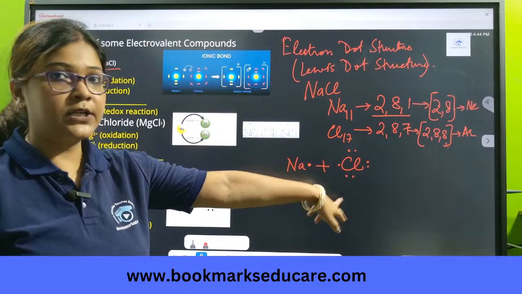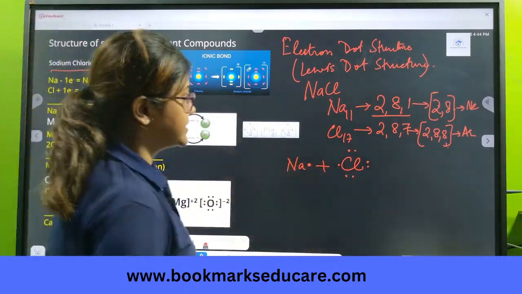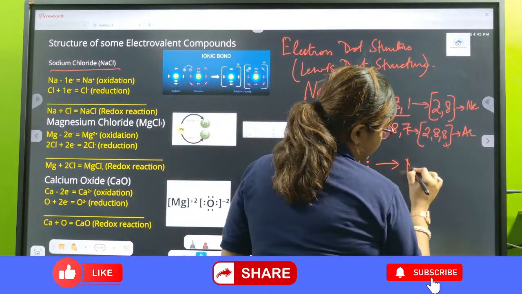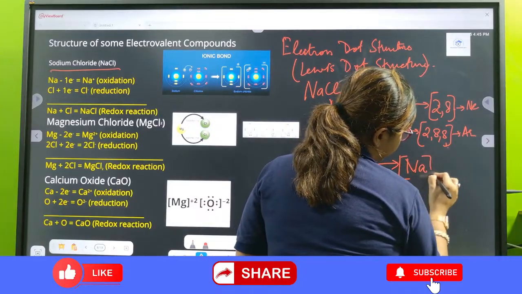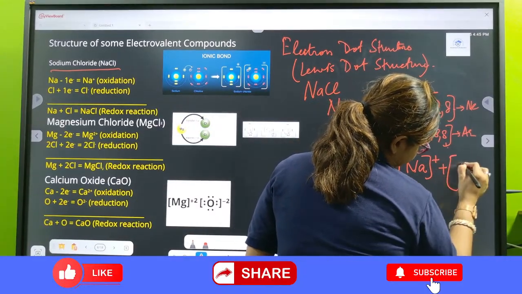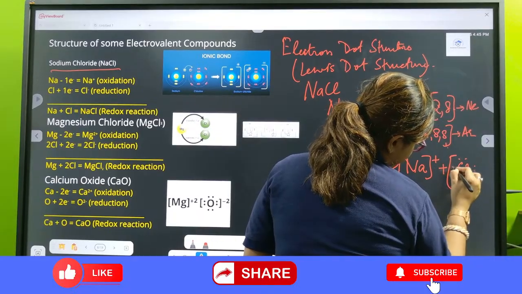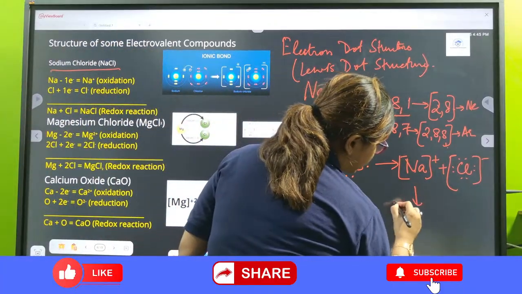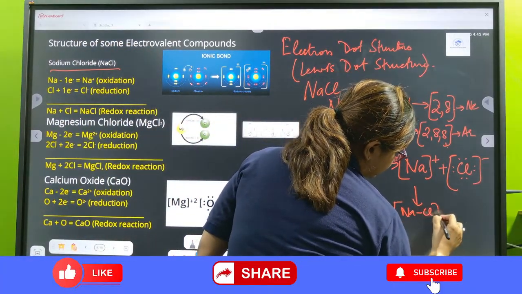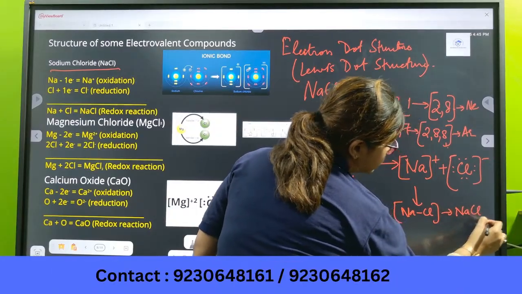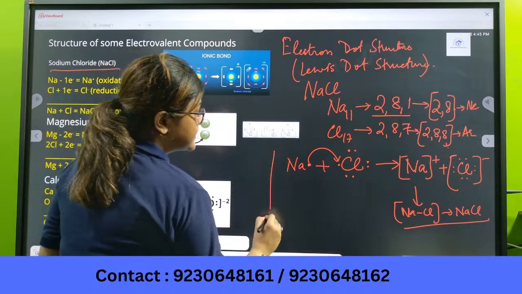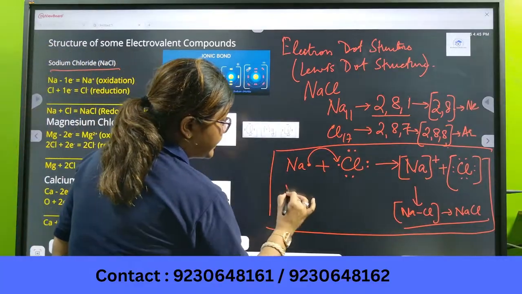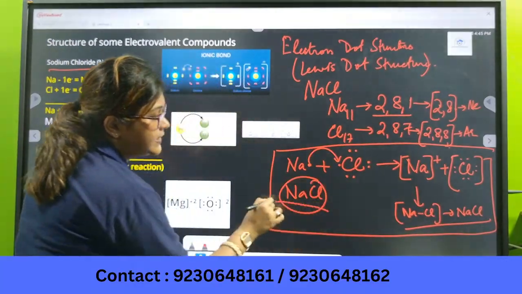This is the Lewis dot structure representation. This 1 electron will be transferred here to generate Na+ and Cl-. So this forms nothing but NaCl. This is the Lewis dot representation of the electrovalent compound NaCl.